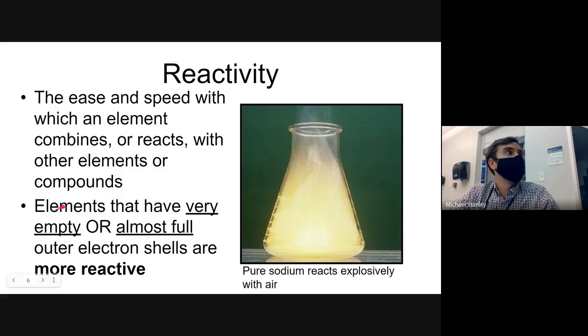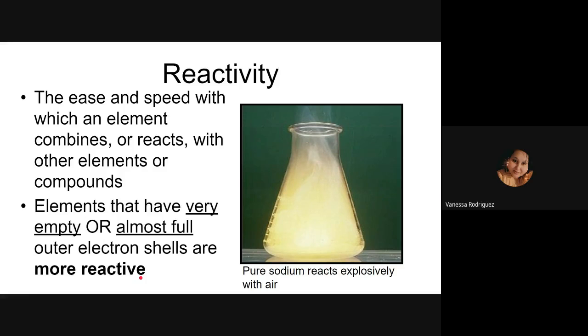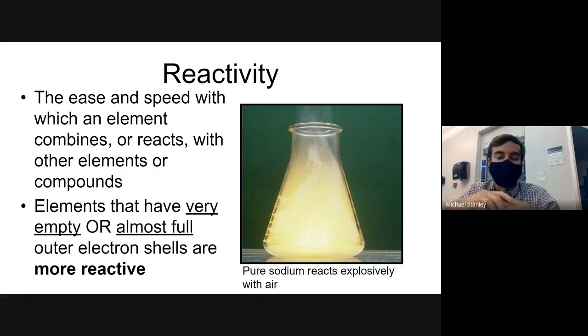So elements or atoms that have an almost empty or an almost full outer shell are more reactive. The way I think about it is they're so close to getting a full outer shell. If they can just give away that one last electron, or if they can just take one more electron from somebody else, then they'll be able to have a full shell.